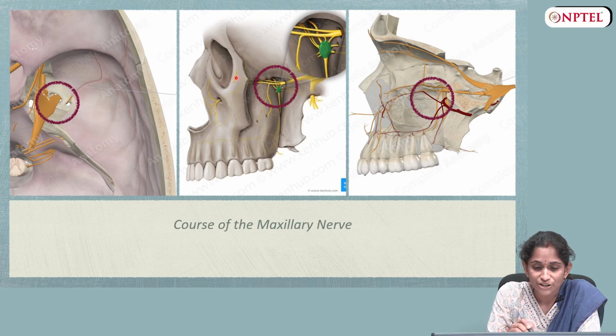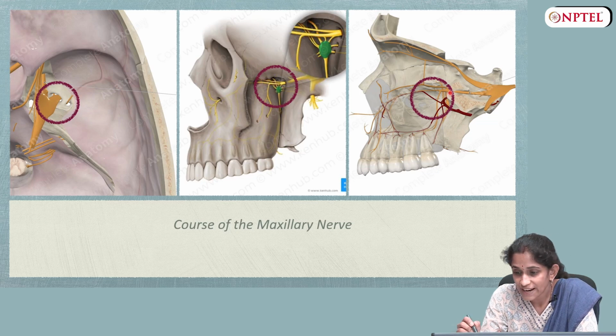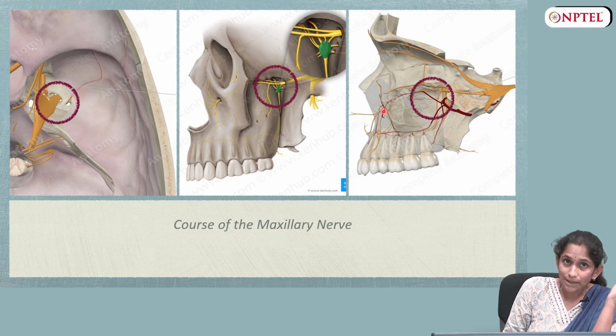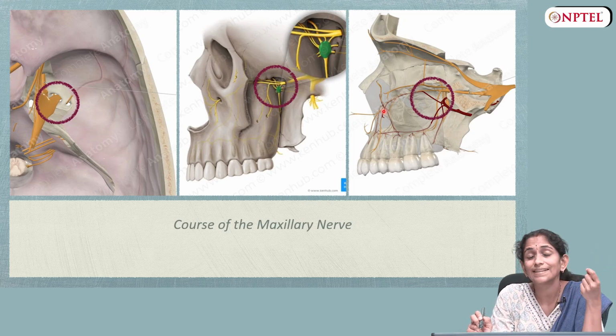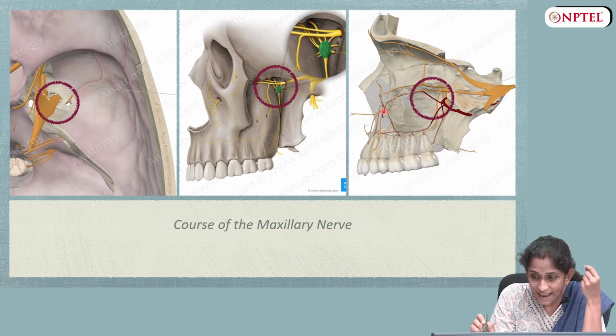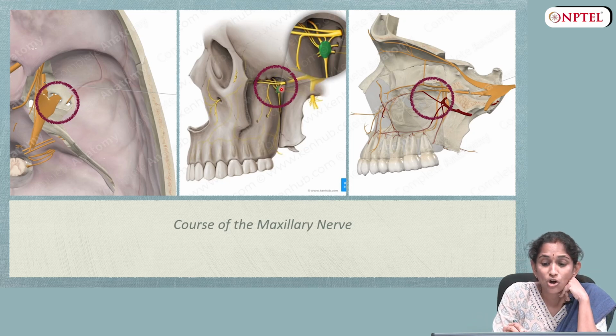After this, through the pterygopalatine ganglion, various branches are given out, and that includes the orbital branches, which pass through the inferior orbital fissure and supply the orbital mucoperiosteum. We have the greater palatine branch, which descends through the greater palatine canal and supplies the palatal mucosa. We have the nasopalatine branch, which is technically the spinopalatine branch, that exits the pterygopalatine fossa on its medial surface and supplies the nasal floor and the anterior gingiva.